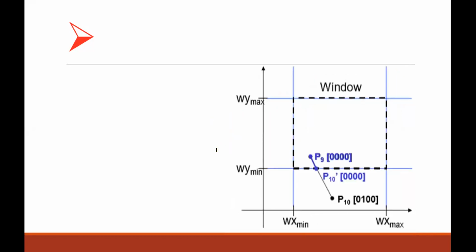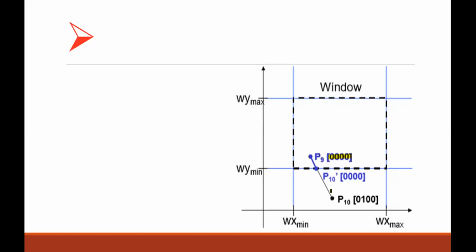Now moving forward with line P9 and P10. In this case, the endpoint P9 is 0000, but P10 is not 0000. Its region code is 0100. Hence, we will apply the bitwise AND operation, and the result would be 0000.